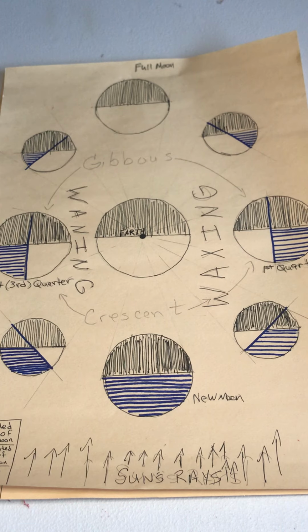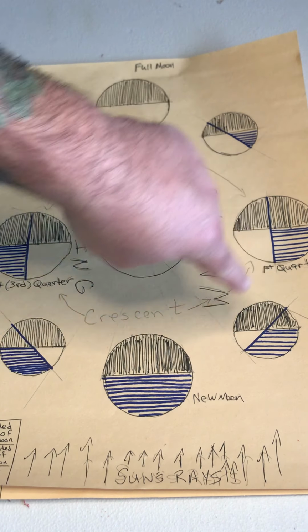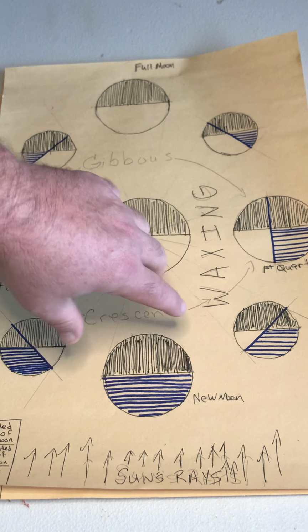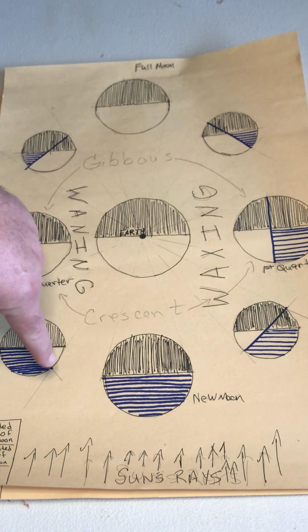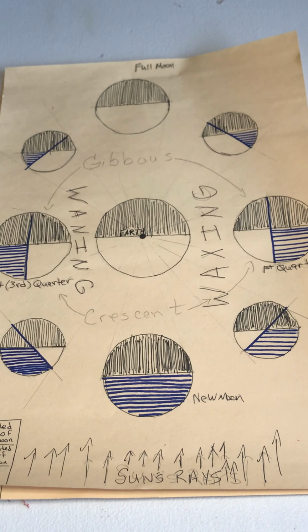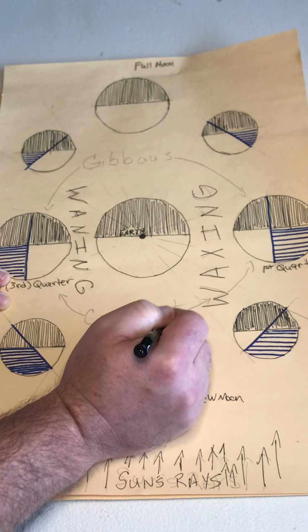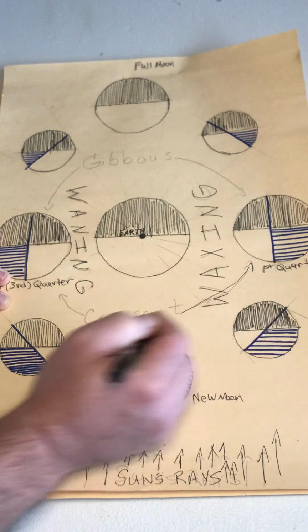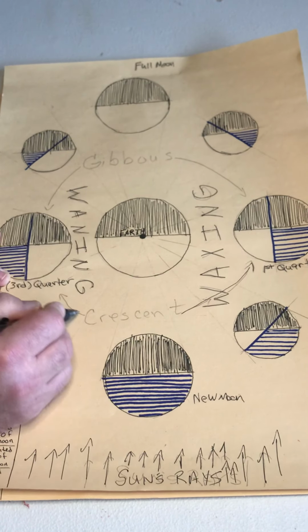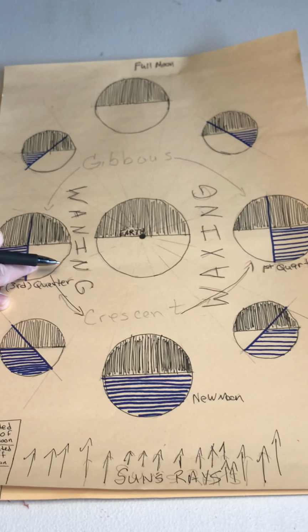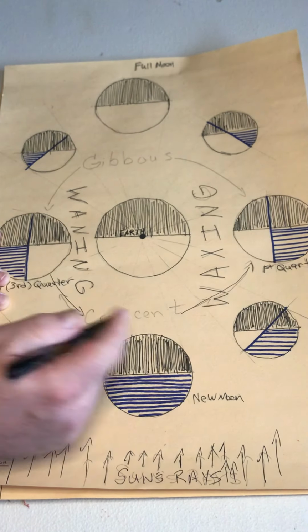Okay? So the small parts here, the parts where there's less light on it, whether it is increasing or decreasing, is called the crescent moon. So it's either going to be a waxing crescent or a waning crescent. So the crescent goes from new moon to first quarter, and from third quarter or last quarter to new moon.